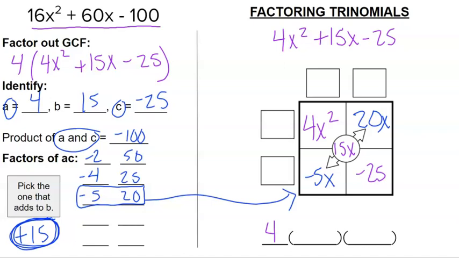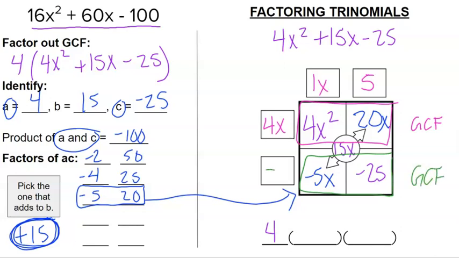And now we just have to finish factoring this by finding those greatest common factors. So the greatest common factor of 4x squared and 20x would be 4x, leaving us with 1x and 5. And then the greatest common factor of -5x and -25 would be that -5.